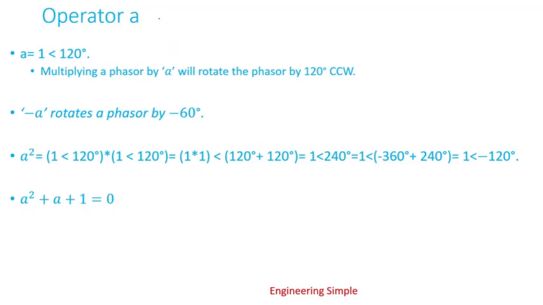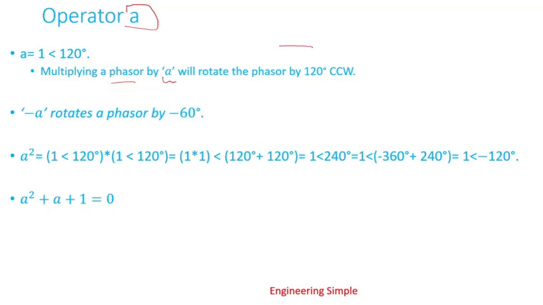So let's introduce operator A. This is used when we talk about symmetrical components. This operator A has a magnitude of 1 and an angle of 120 degrees. If you multiply a phasor by this operator A, it will rotate that phasor by 120 degrees counterclockwise.